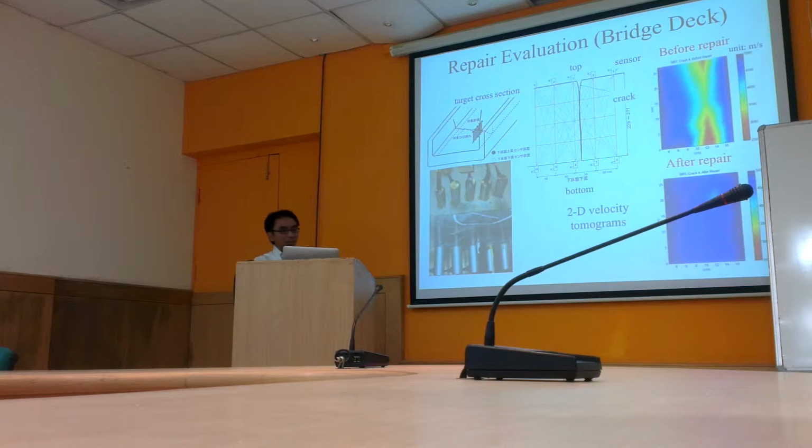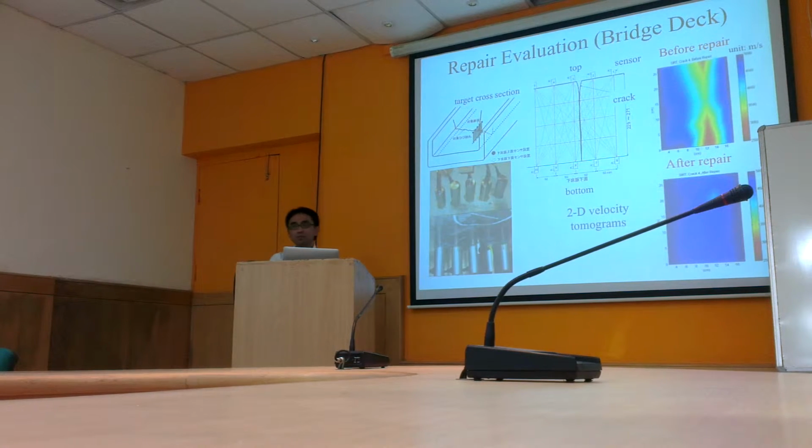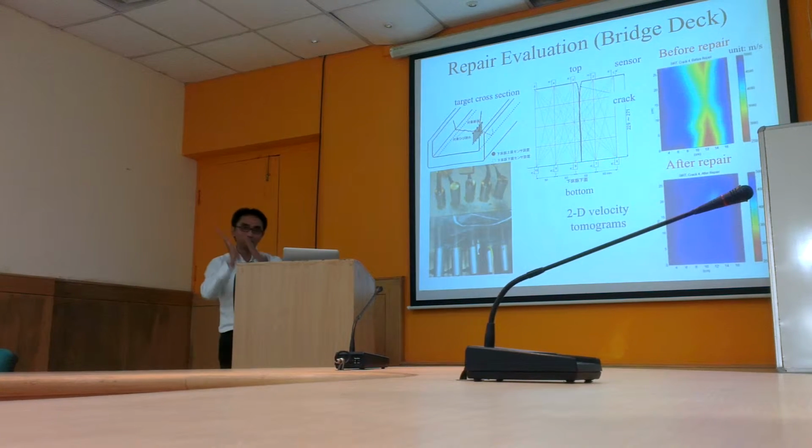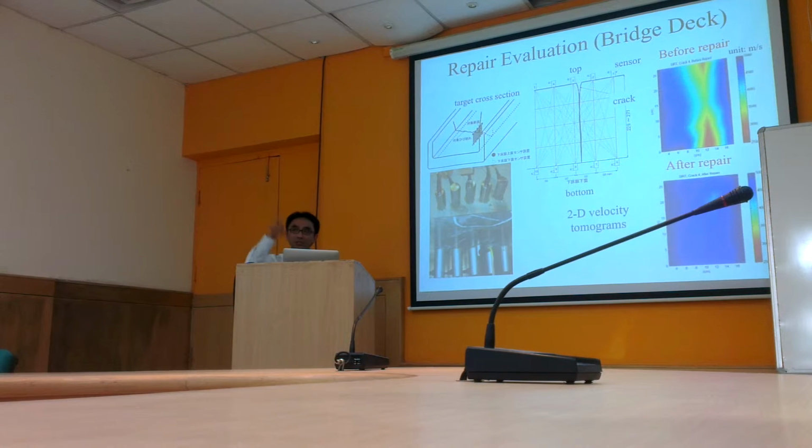So this is a practical example of how we utilize this tomography technique. We have a bridge deck, and from the top as well as the bottom surface, the soffit of this bridge deck, we can see surface breaking cracks. We wanted to know whether these cracks actually belong to one same crack, meaning to say that this crack is propagating through the thickness.